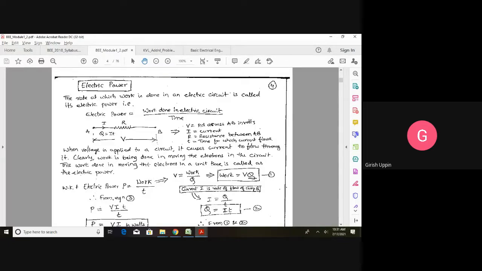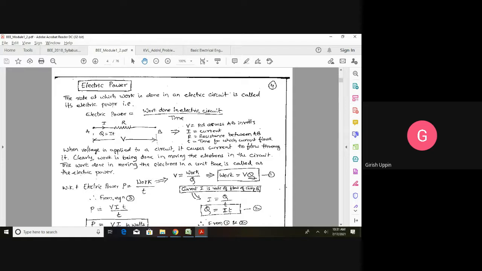Why is the machine able to do the work quickly? Because it has higher power. If you have more power, the rate at which you do the work is faster. That is why, what is electric power? The rate at which work is done in an electrical circuit is called electric power.